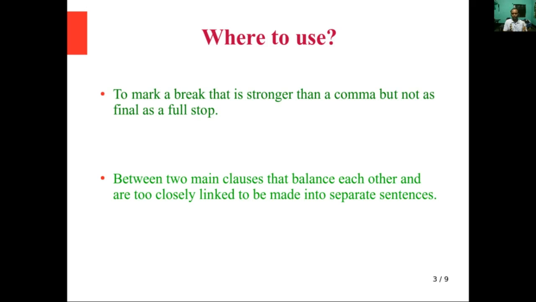But to be specific, we use semicolon between two main clauses. You know clauses, right? Clauses are the parts of sentences which can be used particularly when they are independent clauses or main clauses. Those clauses can be used as a full sentence, but they are somehow joined together to make a sentence.